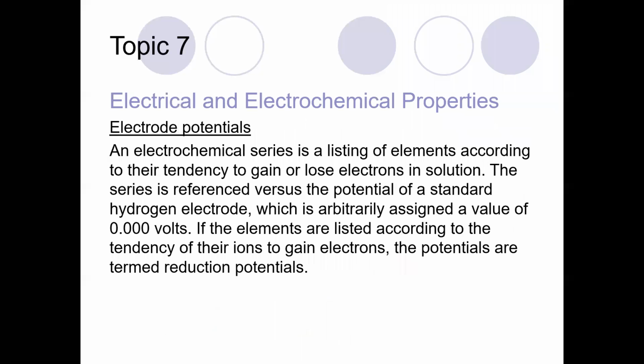Next important thing is electrical properties. You remember the electrochemical series, a list of elements according to their tendency to gain or lose electrons in solution.